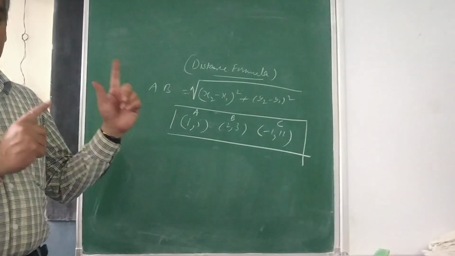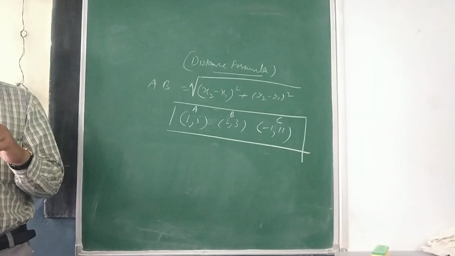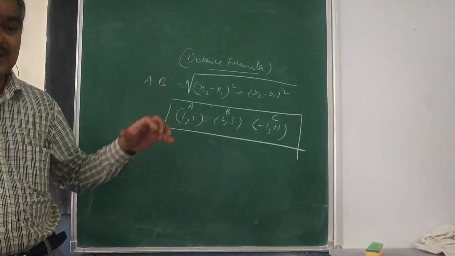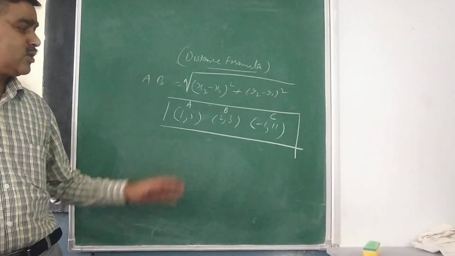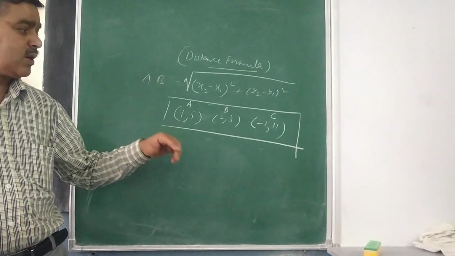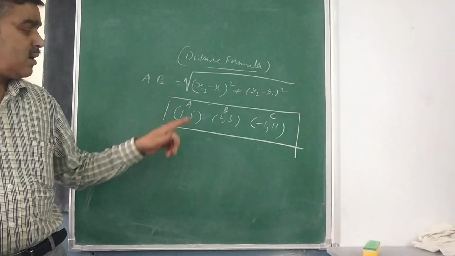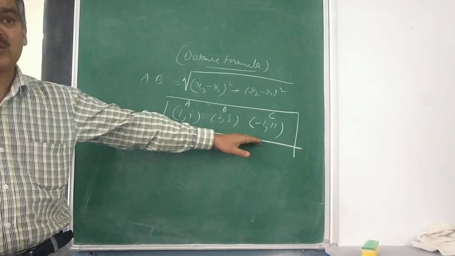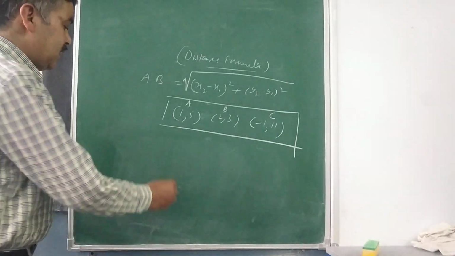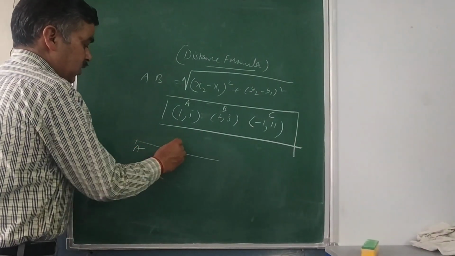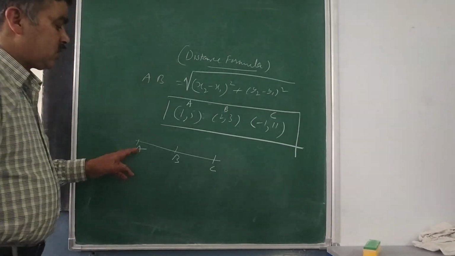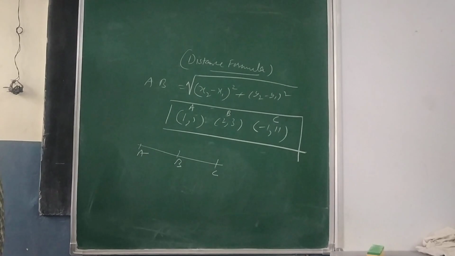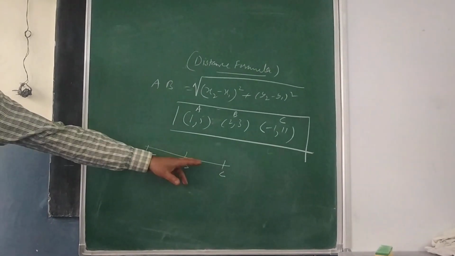So the question is there in distance formula. The interesting part in coordinate geometry, my next part, is the section formula, and after that the area of triangle is also there. Now the area of triangle is not part of your examination. But with all three possibilities, I can prove whether these points are collinear or not. So first of all, be clear what we mean by collinear. Collinear, you all know, when all 3 points lie on the same line, then those points are said to be collinear. That is what you have to check here.